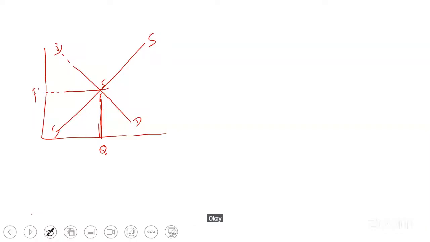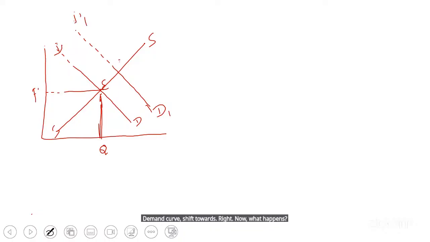Okay. Now, I'm telling you the demand is increasing. So now demand curve shifts towards right. Now what happens? You get a new equilibrium point.